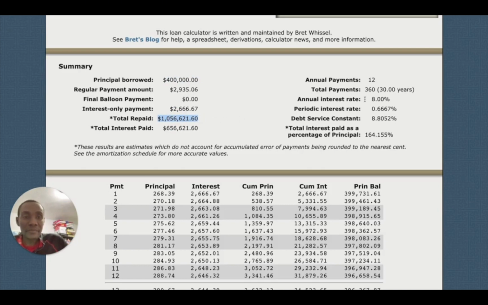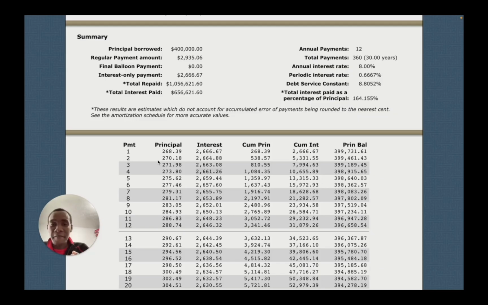Now, I said 8%, that's the interest rate, but the interest cost is actually over 164%, which is very, very important. It is not 8%, it is over 164%. Whenever we see an interest rate of 8%, understand that is actually over 164% that you will pay over the life of the loan. We're going to start with this example, right?